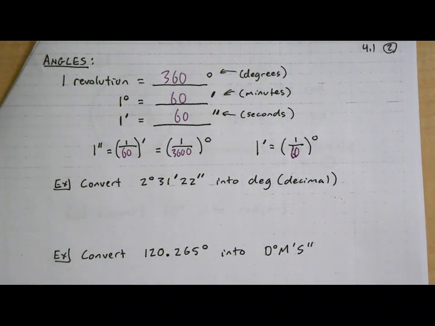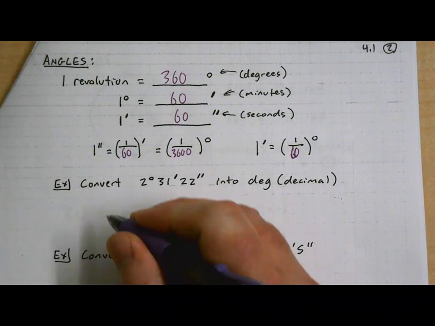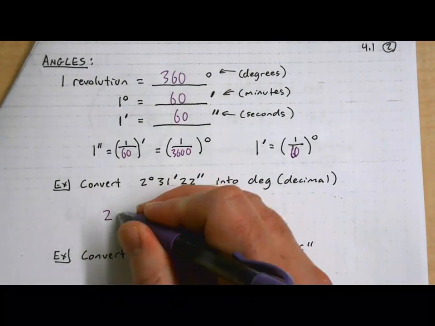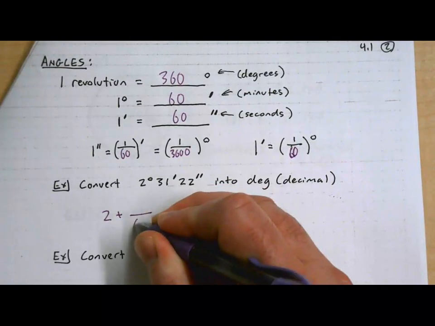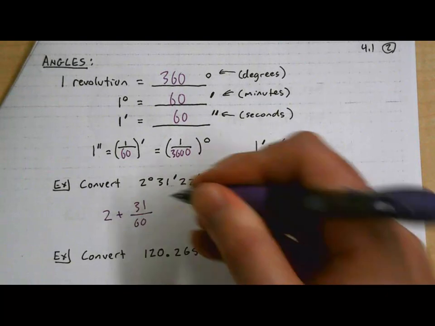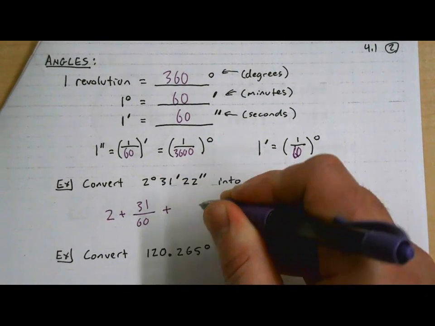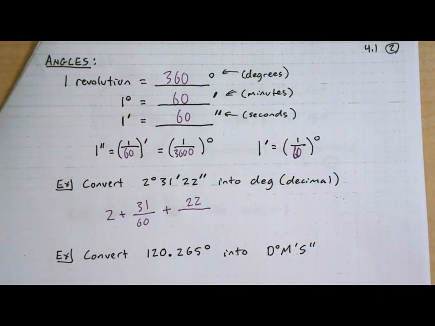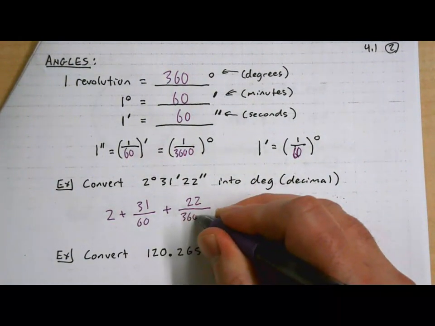So here's what we're going to do. We're going to just do some fractions. We're going to say that's 2 whole degrees plus how many 60ths of a degree? 31 60ths of a degree plus 22 over 3,600.